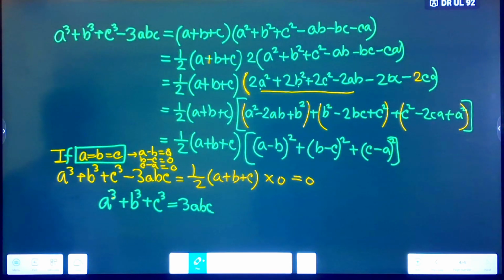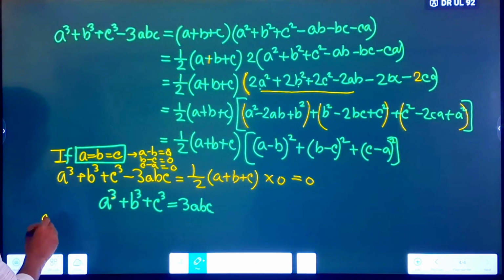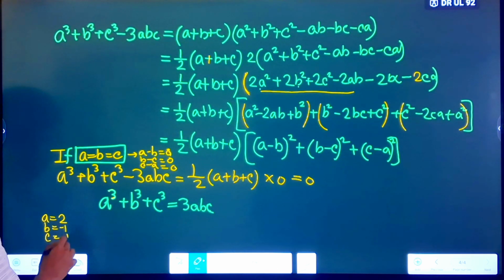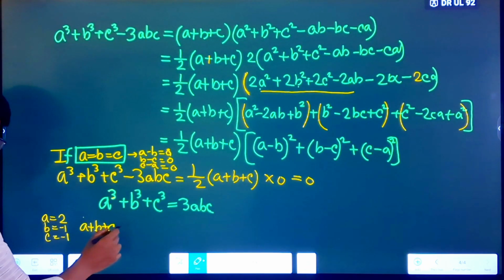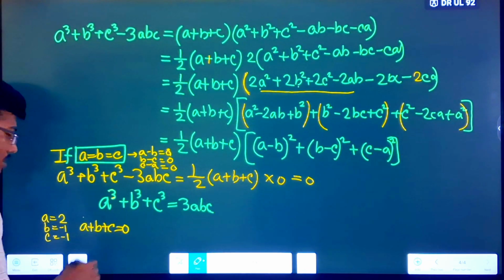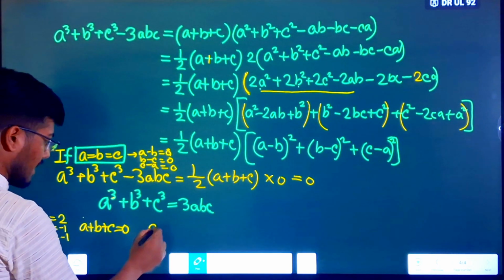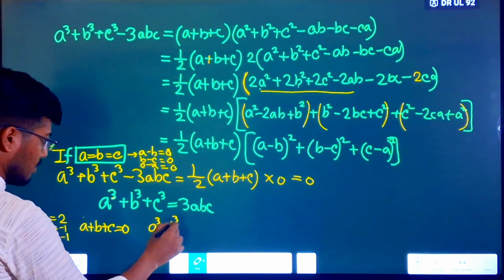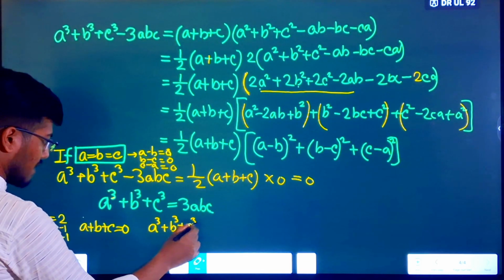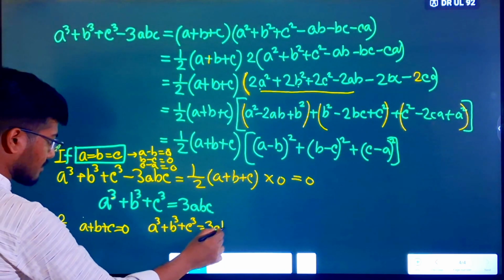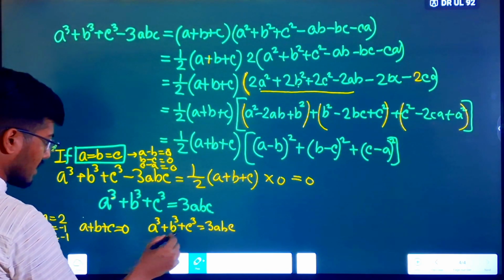Okay, suppose you write down a equals 2, b equals -1, c equals -1. So here a plus b plus c equals how much? It is 0. Okay, so obviously we have to write a cube plus b cube plus c cube, that means it is 3abc. So what is the answer?